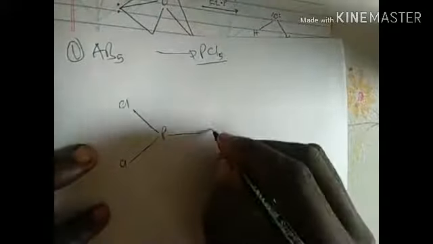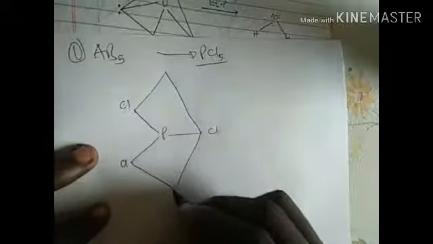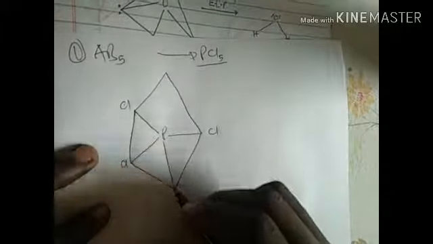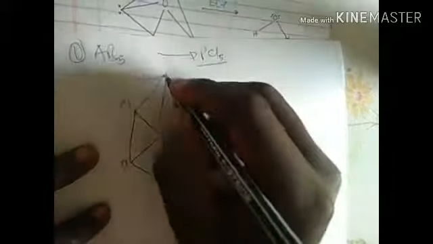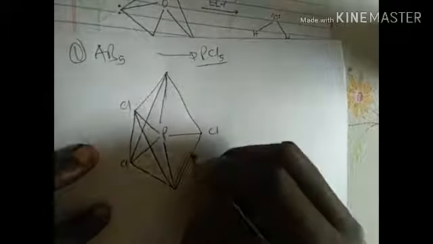We may draw it as phosphorus, and bipyramidal means we have a triangle here with chlorine, and then chlorine, and then from there we have this structure.